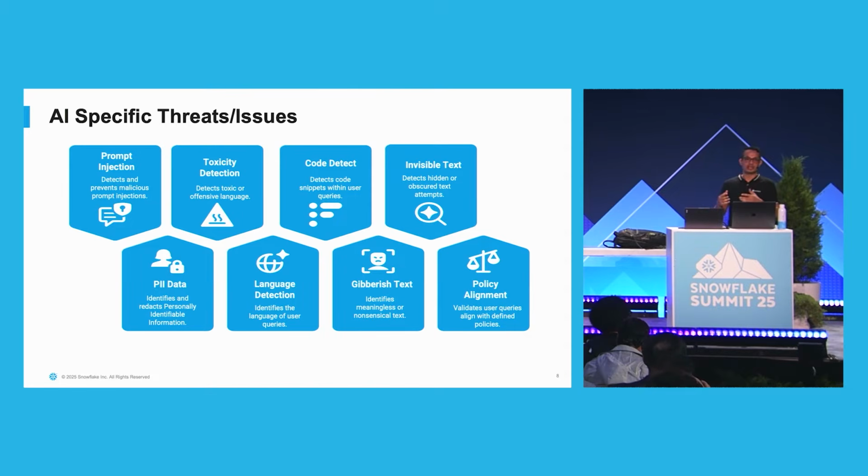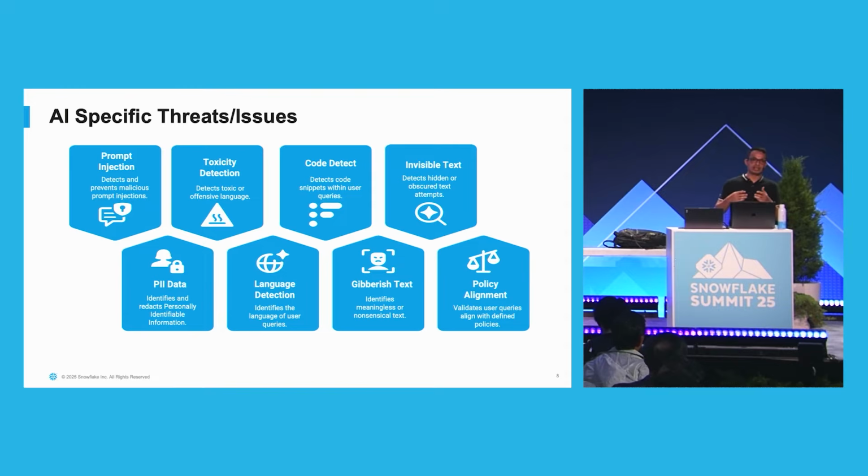Then some other variations are like language detection. Language detection is basically if your assistant is meant to respond only in English, but you are tricking it to respond in different languages. And some of the other things are code detection.